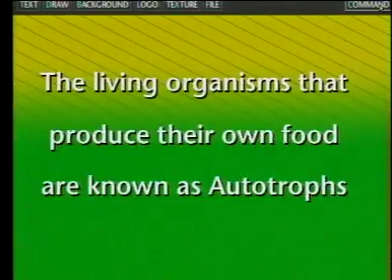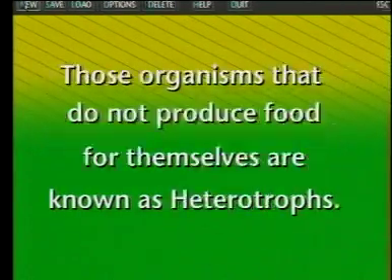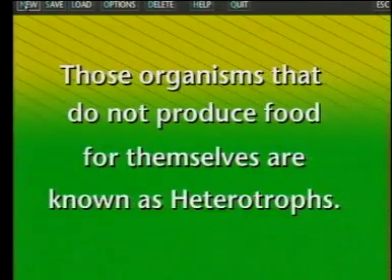In other words, we can say that the living organisms that produce their own food are known as autotrophs, and those organisms that do not produce their food but depend on others for their food are known as heterotrophs.